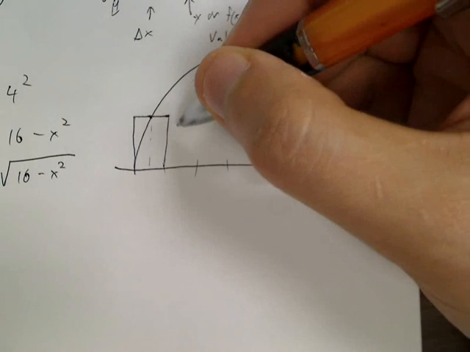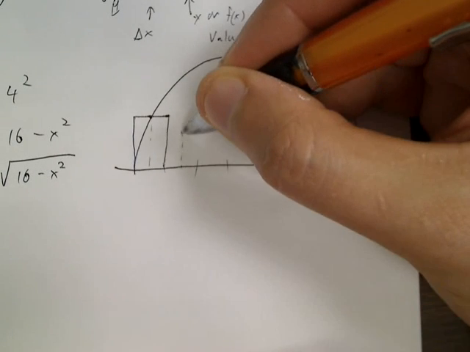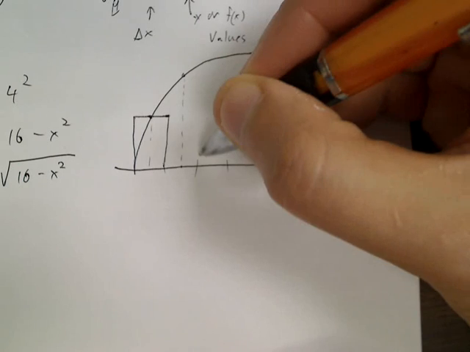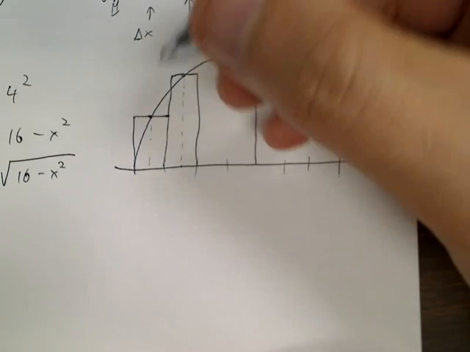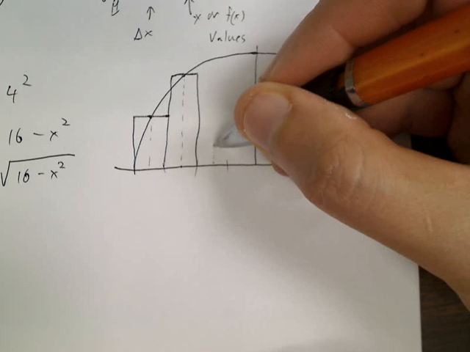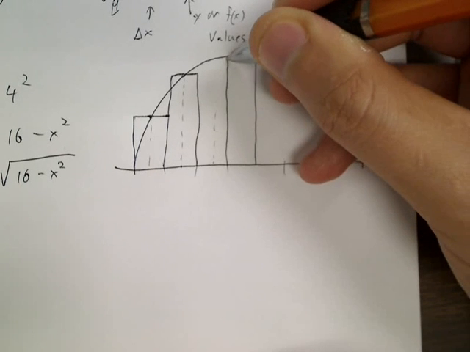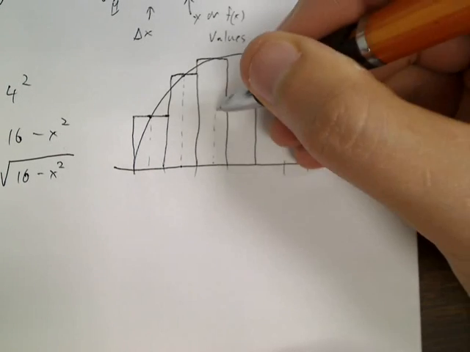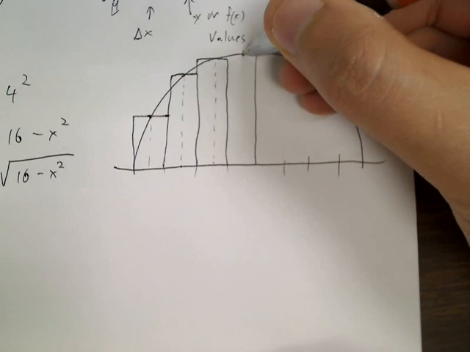And I'm drawing rectangles of width 1 so that the midpoint touches the semicircle. Okay, there's a midpoint. There's a midpoint. And there's a midpoint.